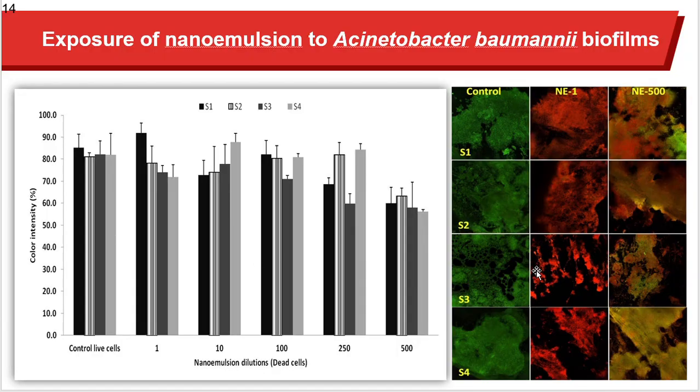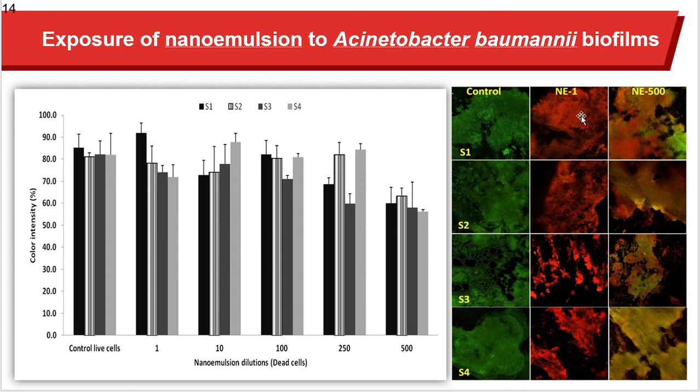For example, we used a live dead stain. Live dead means the live bacteria will be shown in green color and dead bacteria you can see in red color. For this experiment, this is all control; you can see it is very greenish in nature.